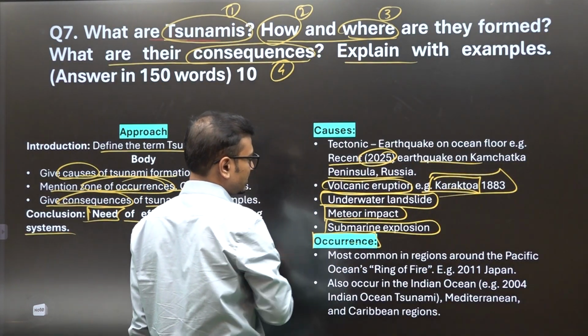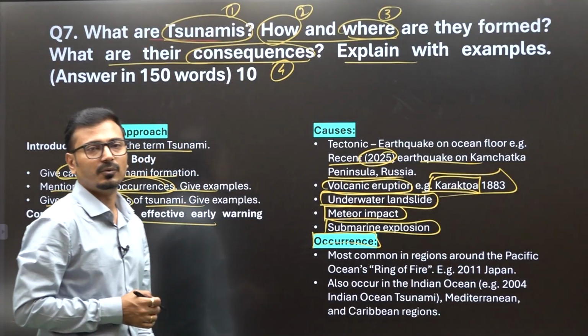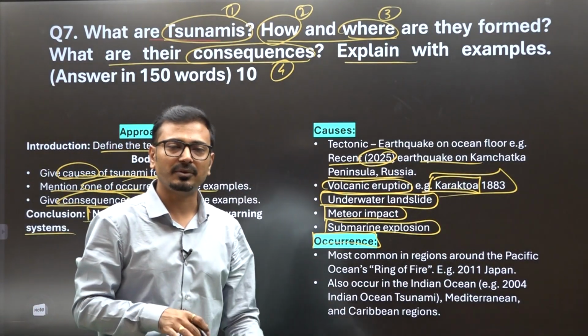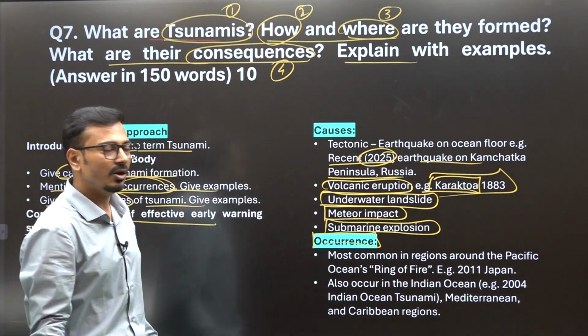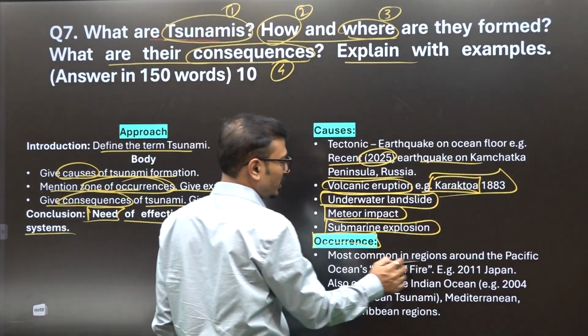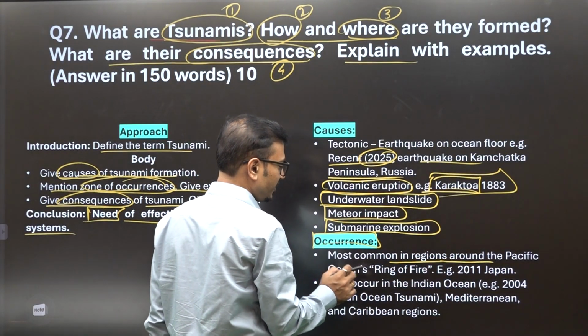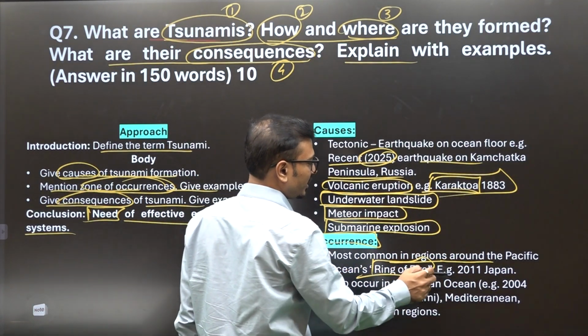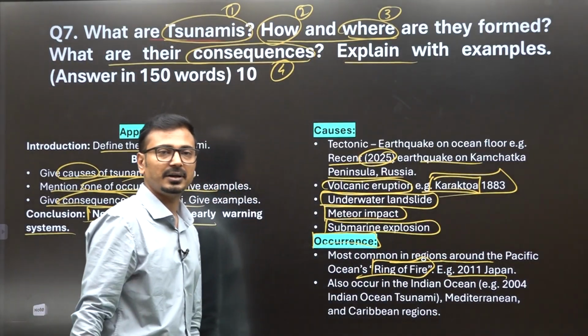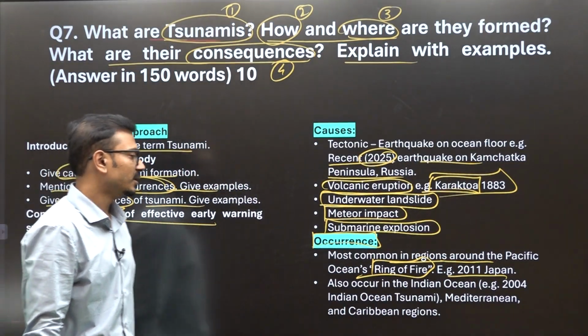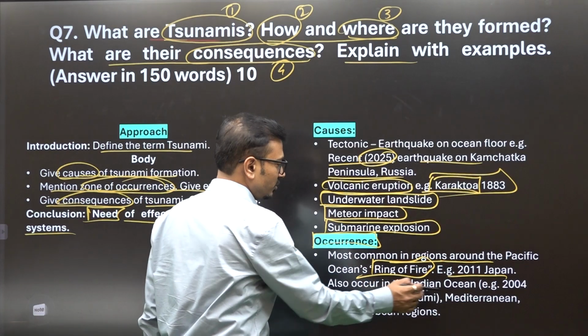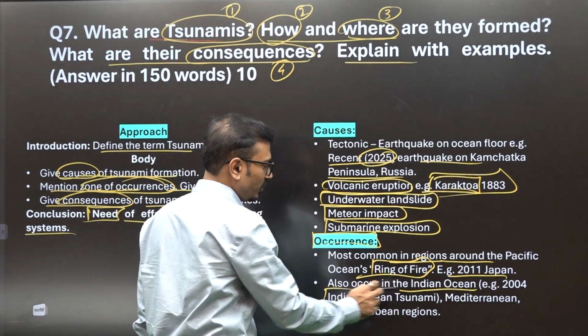Now occurrences. You can draw a world map here if it is possible, otherwise you can mention the names of regions. Most common in regions around the Pacific Ocean's Ring of Fire. For example, the 2011 Japan tsunami. Also occurs in the Indian Ocean. For example, the 2004 Indian Ocean tsunami.